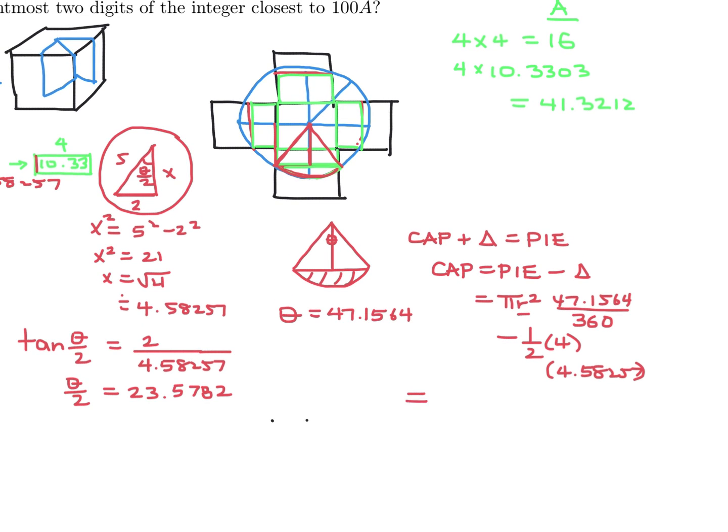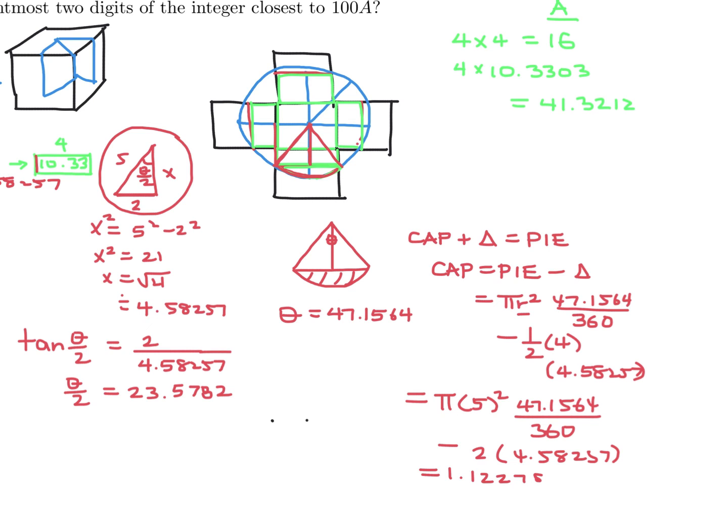So this is going to be pi 5 squared times this 47.1564 over the 360. And then minus that, well, I guess it'll just be 2 times 4.58257. And then when you crunch out all these numbers, you get 1.12278.